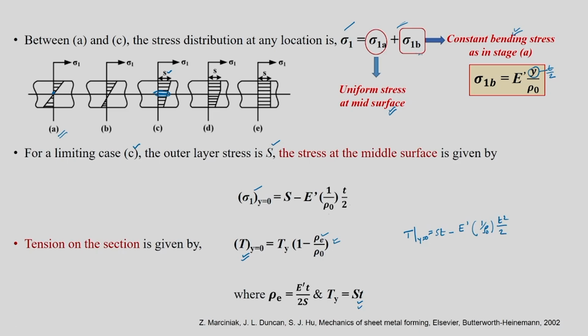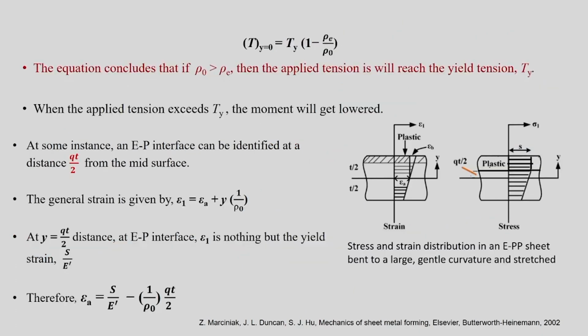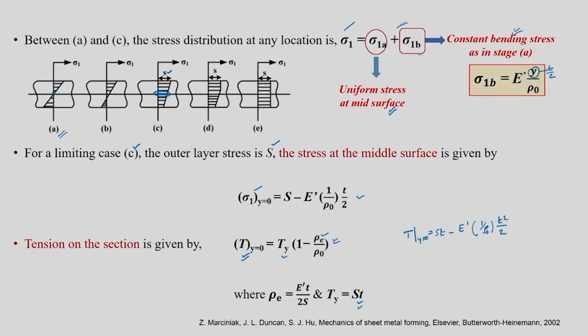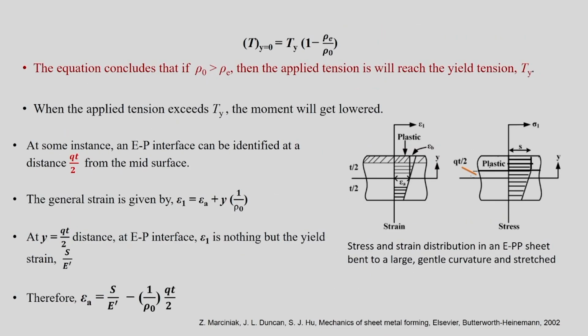So you will see that the stress at the middle surface can be obtained by this, and the tension on the section can be obtained by Ty into 1 minus rho E by rho naught, where rho E is given by E dash T divided by 2S, rho naught is the original one, and Ty is nothing but ST. Okay. So what does this equation tell? Some interpretation we will get from this tension in the section.